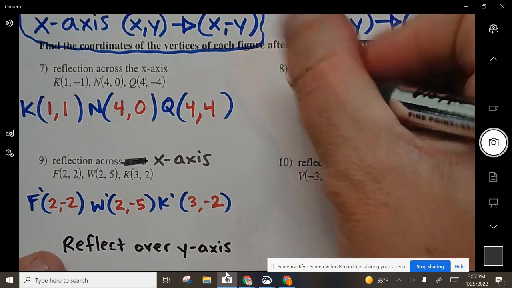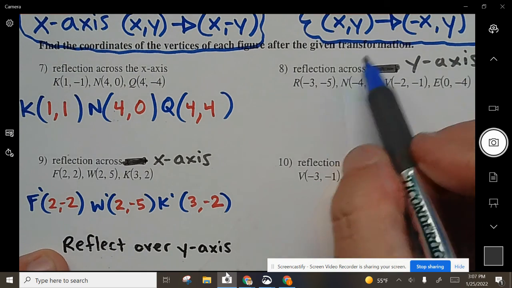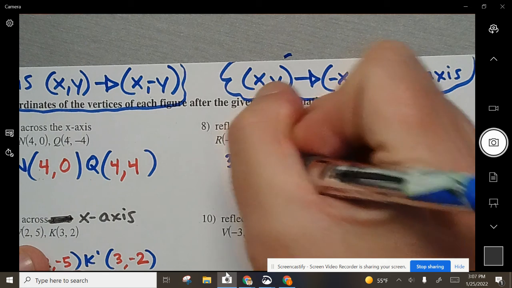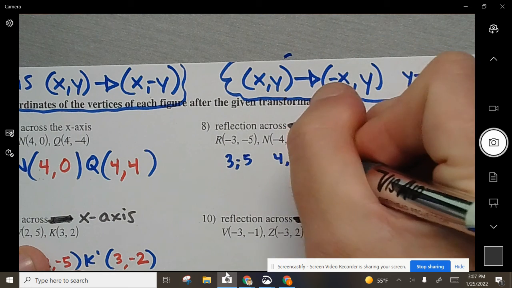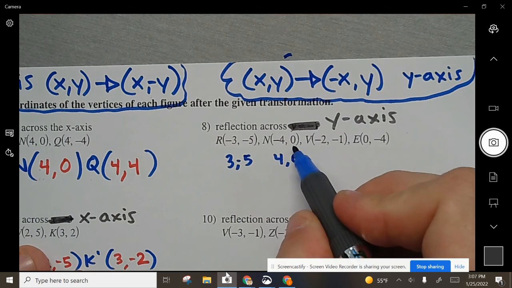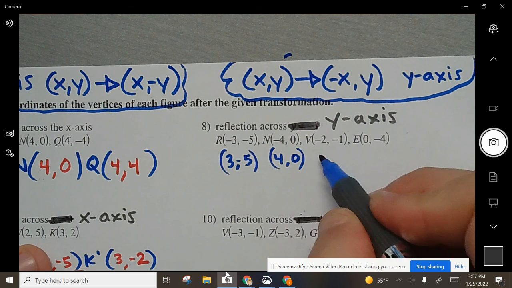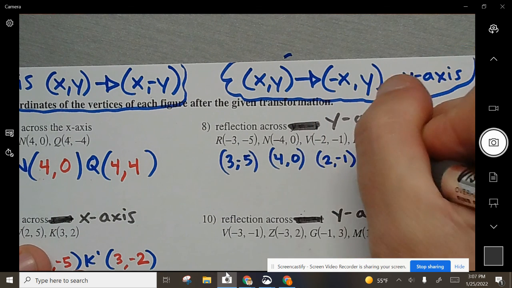Now, on this side, there's quite a bit going on here, but the y stays the same and the x changes. So the x is going to change and the y stays the same. Y doesn't change when it's 0. Nothing changes on 0, okay? And x is going to change, y stays the same.